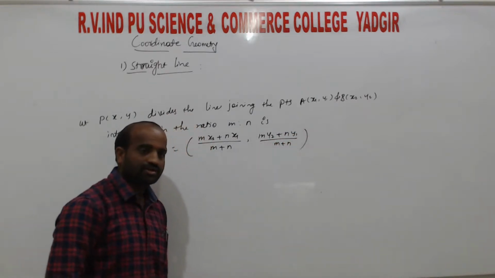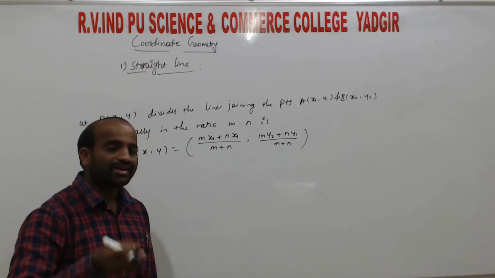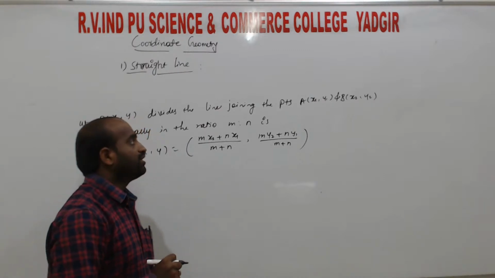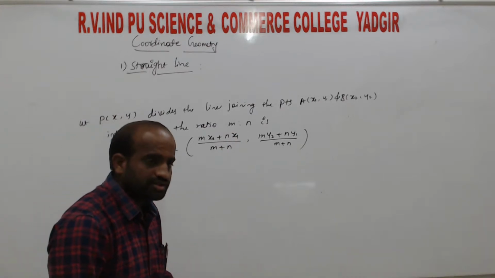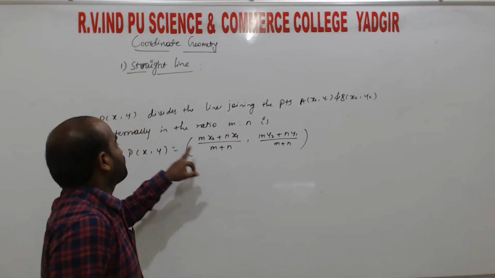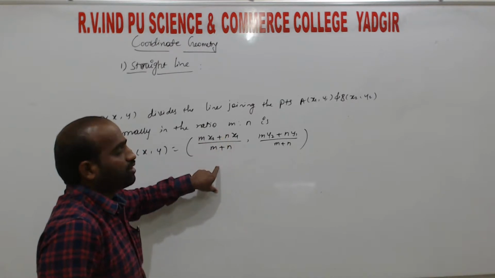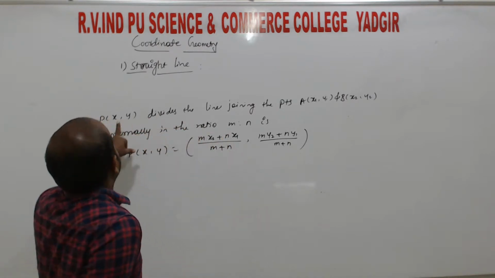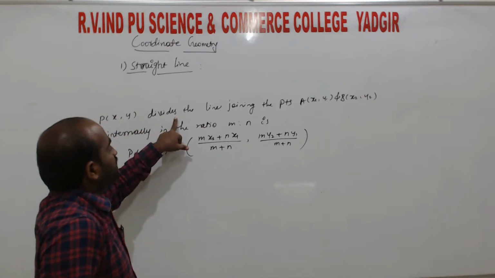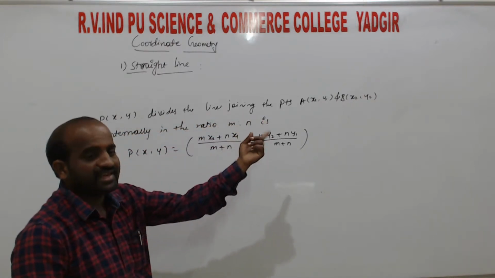This is the section formula for internal division. When two points and the ratio are given, find the coordinate. This one is the x coordinate, this one is the y coordinate.